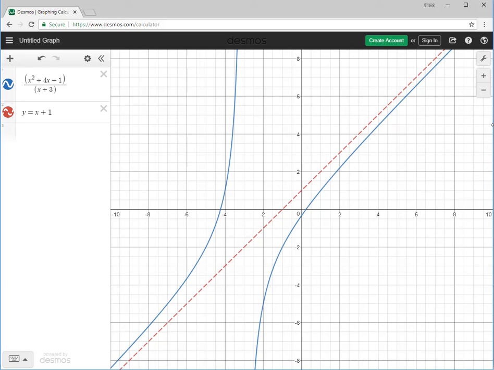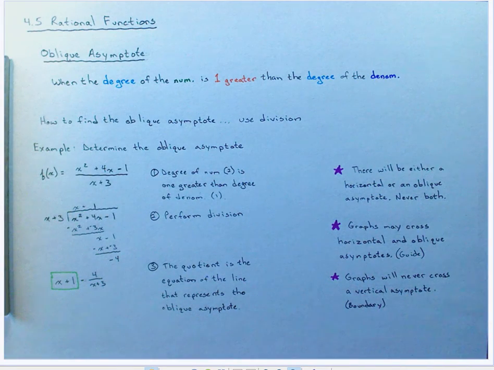And that is our oblique asymptote. Again, you can only have an oblique or a horizontal. And for an oblique, the degree of the numerator is 1 greater than the degree of the denominator. So a difference of 1. And that is our oblique asymptote.